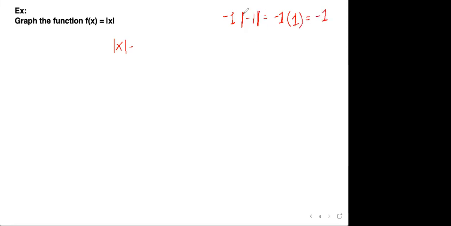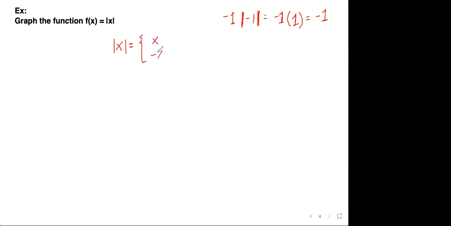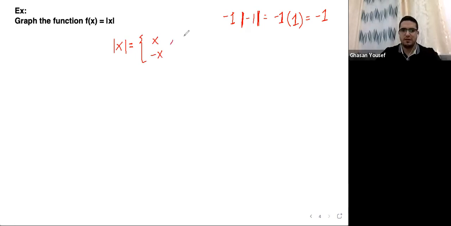Okay, cool. Now, if I want to define this function, the absolute value function is defined as x and minus x. It is x if the value inside is positive, greater than or equal to 0. And we have to multiply it by negative if the value is less than 0. For example, take -4.